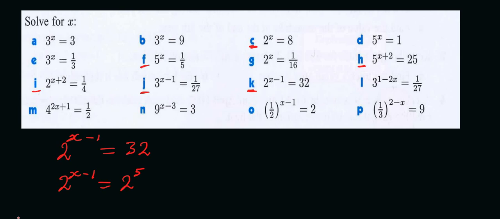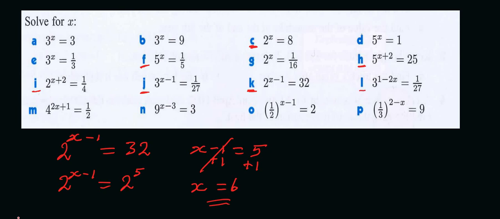All right, so now we have the same base, 2 on the left side and 2 on the right side. So automatically it becomes x minus 1 is equal to 5. So now we can add 1 to both sides to isolate the x. So -1 plus 1, we cancel out, and x is equal to 6. Final answer.